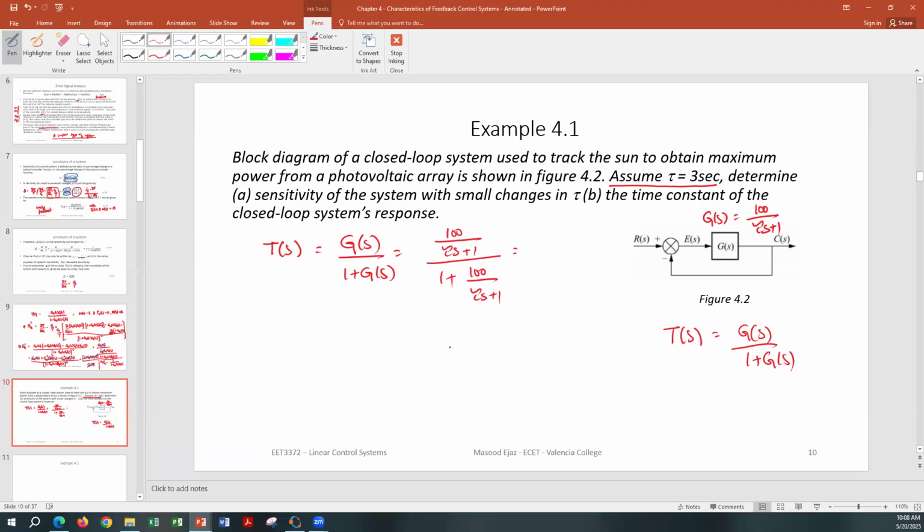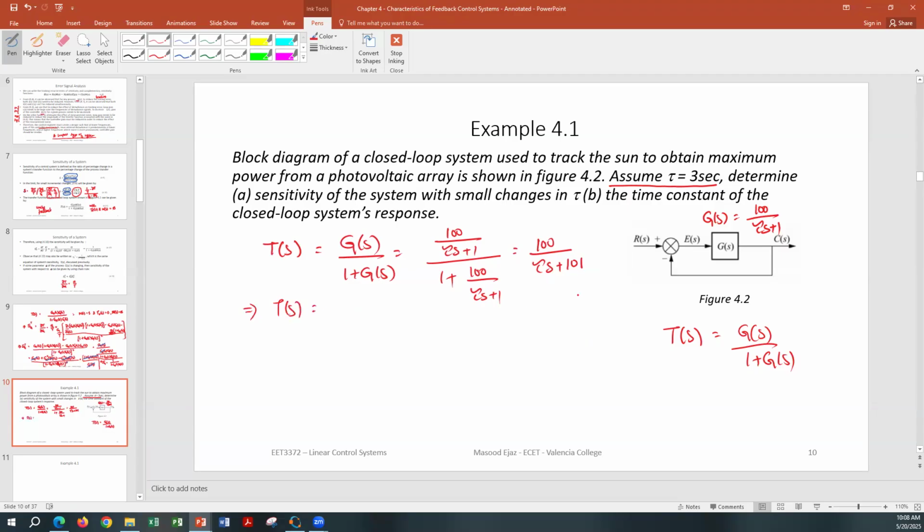Simplify it: tau s plus 1 plus 100. So that's going to be 100 over tau s plus 101.